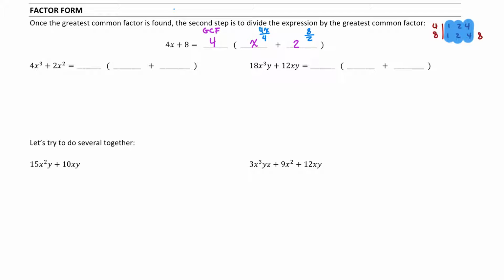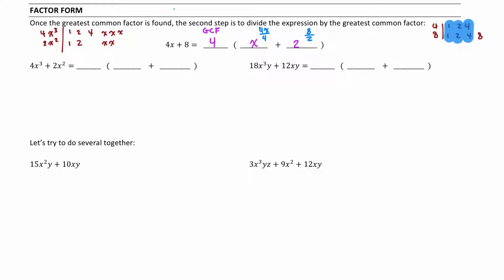Let's do a few other examples. So we got 4x cubed plus 2x squared. To find the greatest common factor, I'll write that out here. I can write it like this as well, so you can see another way of writing the same thing. I have 1, 2, 4. I have 1, 2. I have x, x, x, and I have x, x.